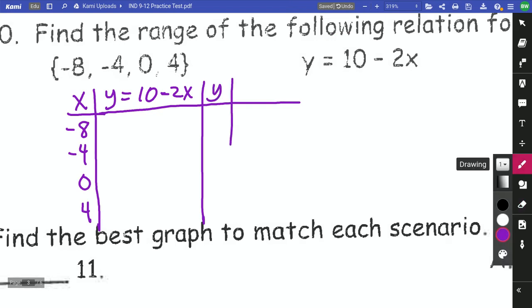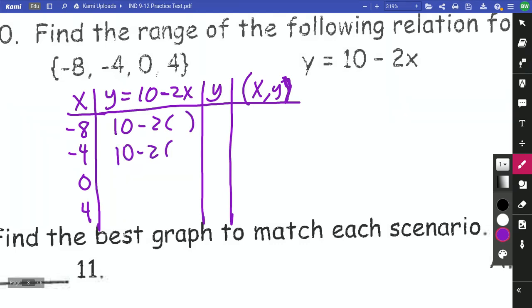So we have y, and then we could write our column of ordered pairs. We would calculate each of these, right? So we could write our rule down here, our template, 10 minus 2 times x, and do that for each of them.